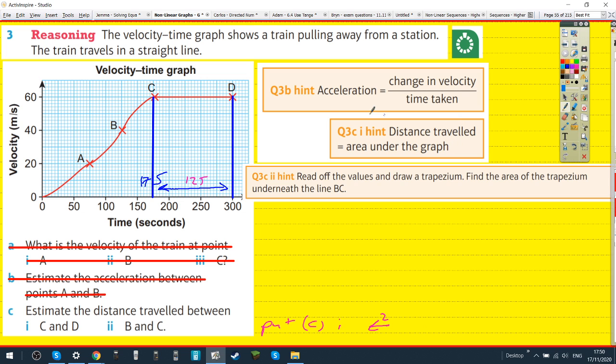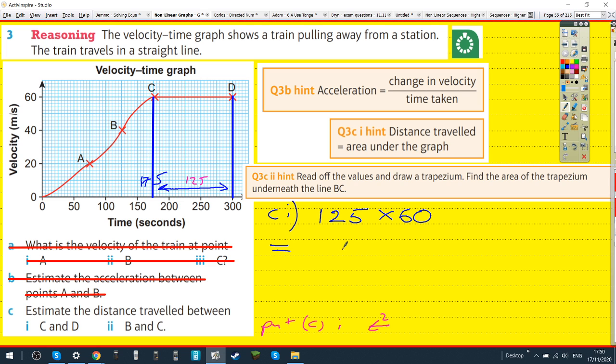And so distance equals distance traveled, area under the graph. Oh, so then you have to do width times height. So 125 times 60.